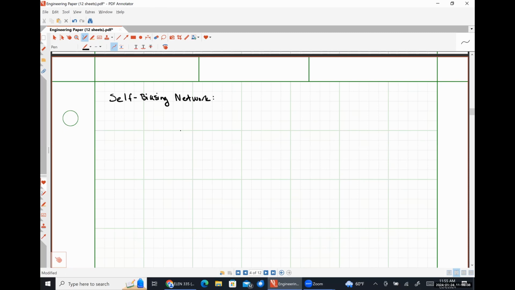So this is effectively the exact same thing as the self-biasing networks for BJTs. Here we have our supply voltage VDD, some resistor RD. Here I'm going to have some gate resistance RG.